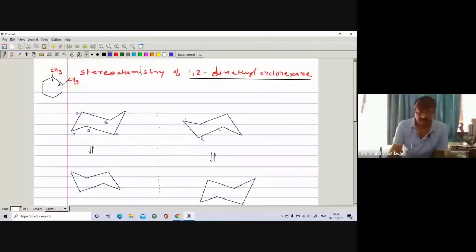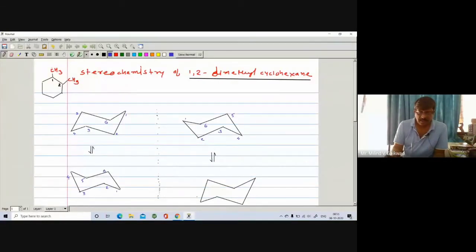This will go down. We have to write its mirror image numbering 4, 5, and 6. Similarly, you can write down the remaining structures. Now this carbon number 1 will go down, so this carbon is 1. Similarly, this 2 will go above, so this carbon is 2, then 3, 4, 5, and 6.